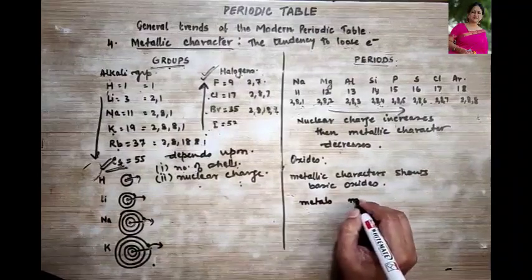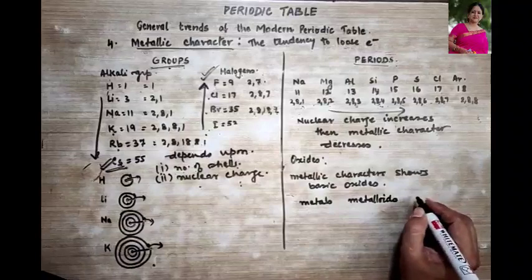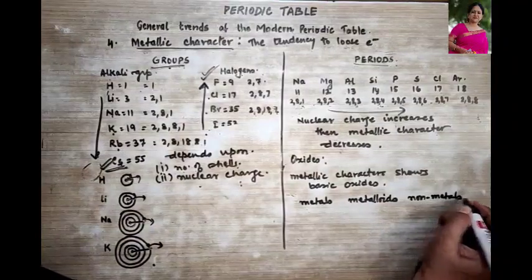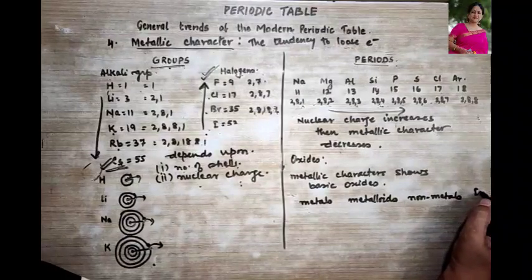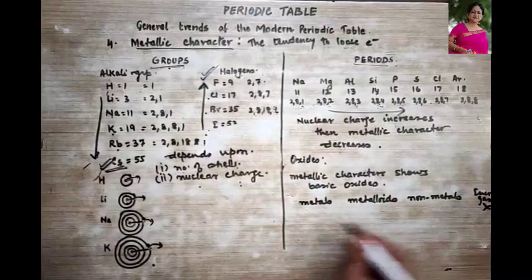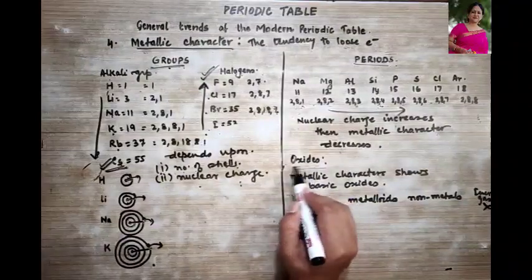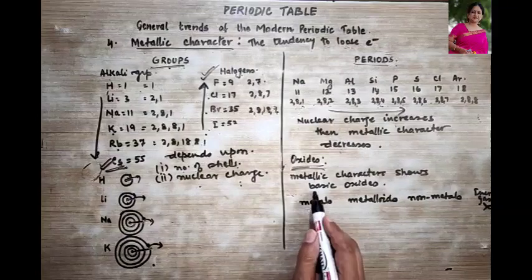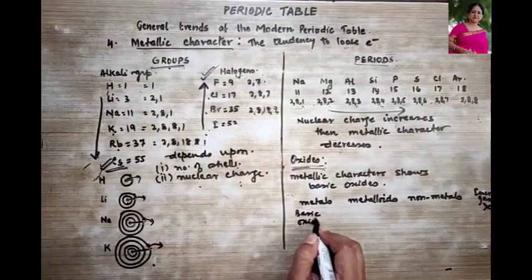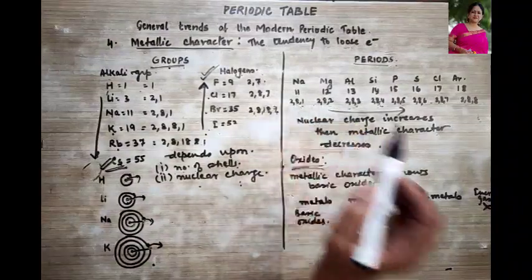Metals, then we come across metalloids, then we come across non-metals, and lastly we have the inert gases. With the inert gases we don't have to study anything. So what should we study about the oxides then? Now this is metal, so basic oxides are going to be found over here, right? Basic oxides are found over here.